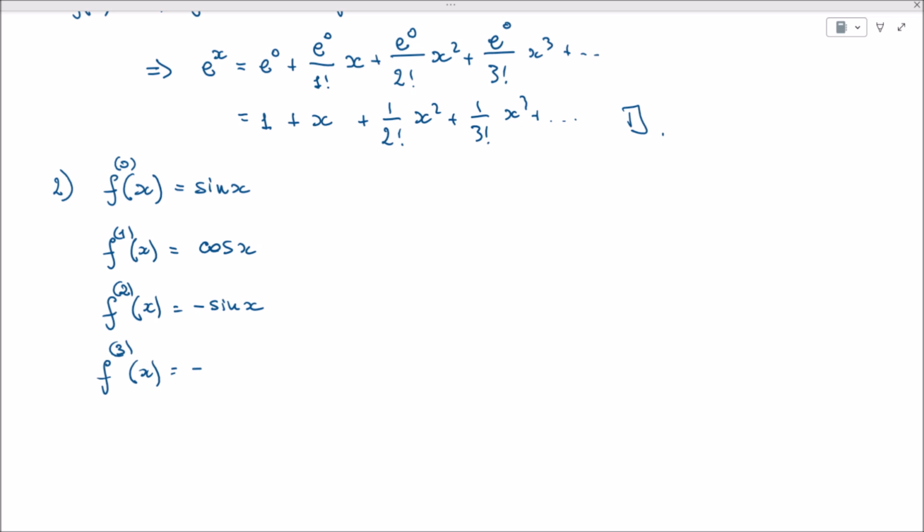And notice that if we take the derivative of order 4, we get sine of x. So in other terms, we are back to the start. This says that we have a cycle of 4 possible derivatives which repeat themselves over and over again. So we just need to determine the values of these 4 derivatives at the origin.